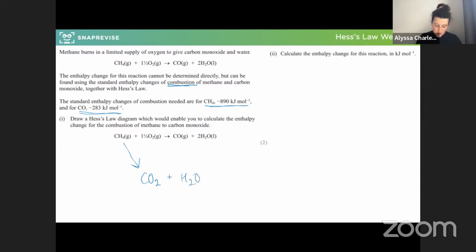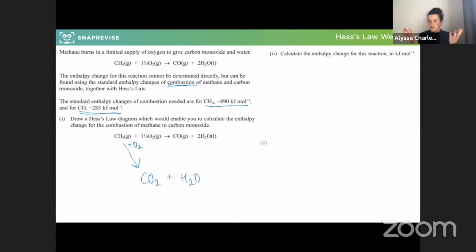I can add my oxygen in if I want to. But one thing I haven't mentioned is the enthalpy change required to turn O2 into O2 is 0. To turn something into itself, we're not doing anything, so the energy change is 0.